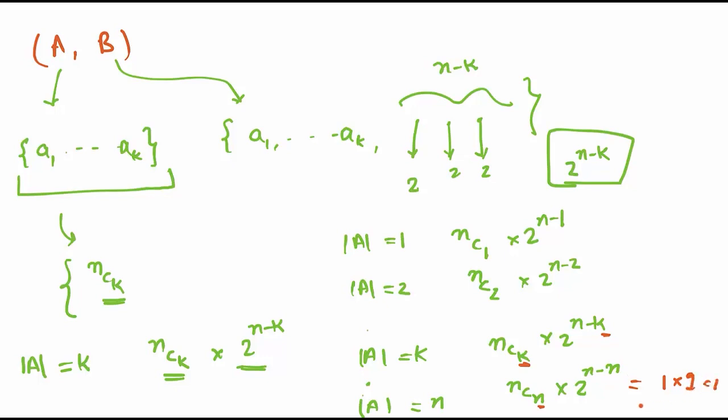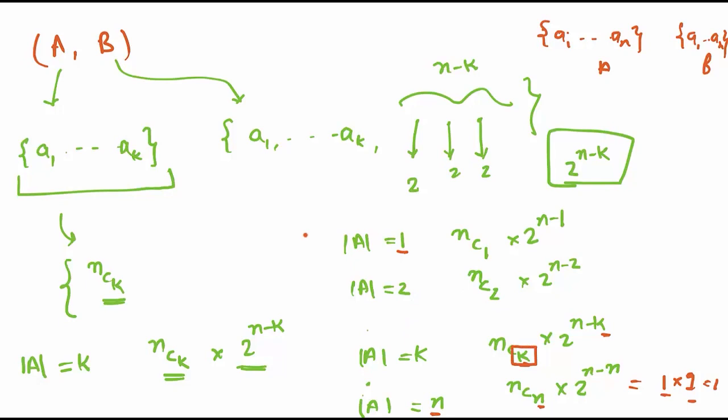Only one choice for A and only one choice for B, which is taking all elements A1 to AN in A and taking all elements A1 to AN in B, right? So anyway, this k that I'm interested in can range from 1 to n, right?